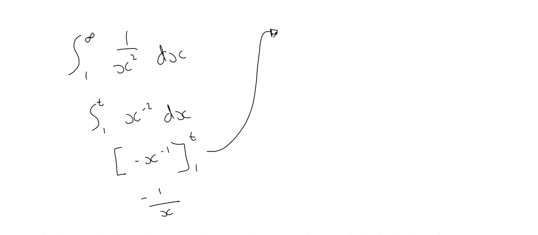So this is -1 over t minus -1 over -1. Is it not? What have I done? This should be positive. There we go, that's what I did wrong.